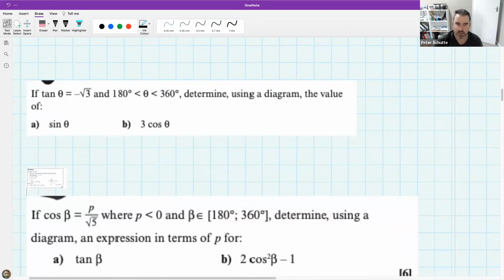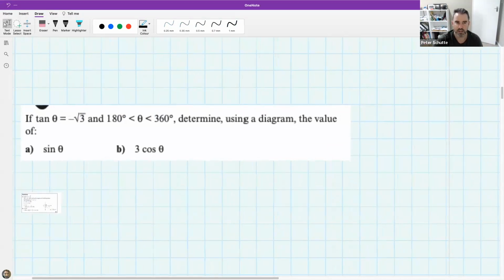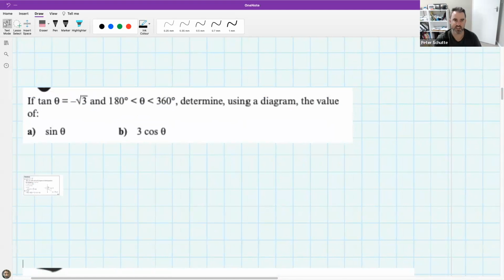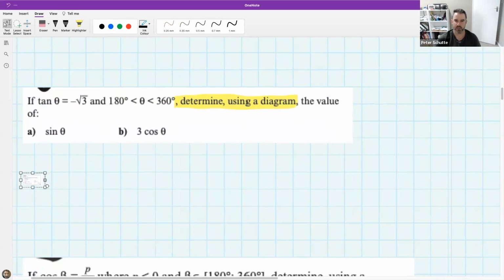Okay. Now, in this question, it says if the tan of theta is this, and it's negative, and theta is between this, determine using a diagram the value of the following things. So I want you to draw the diagram that you think you may need to answer these two questions.